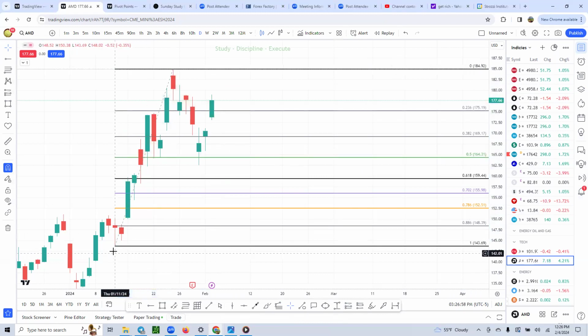The equilibrium is 50% between this low and this high. So no matter what fib you use, you just want to make sure that price goes down into a 50% discount. All right, so that's what I got for that.